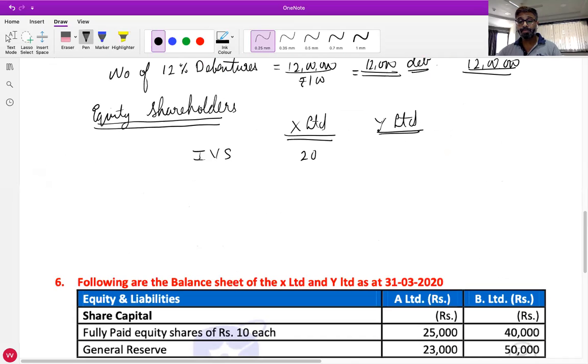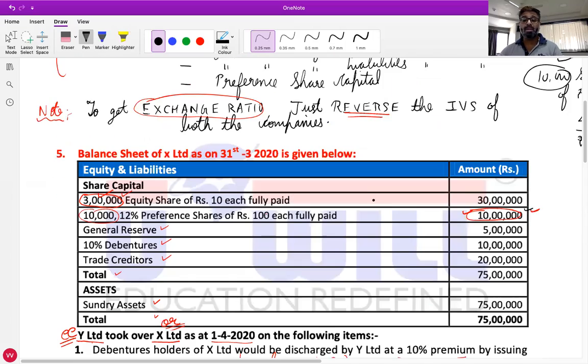Now just reverse it. So the ratio would become 30:20, that means cancelling the zeros, 3:2. For 3 shares of X Limited, 2 shares of Y Limited will be given.